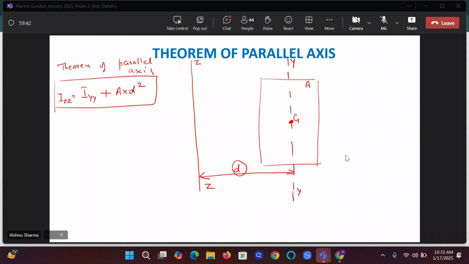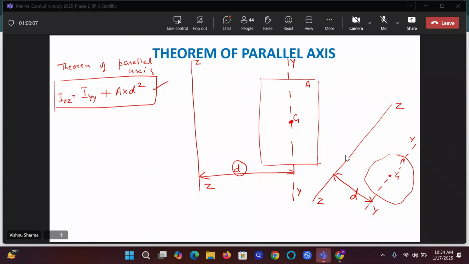No, I can make it like this also. This is A, this is the geometric center. I want about ZZ. Then I draw a parallel axis through this, maybe YY. This is D. The expression still remains the same. Understood, class? Yes or no? Clear, beta? Yes, sir.